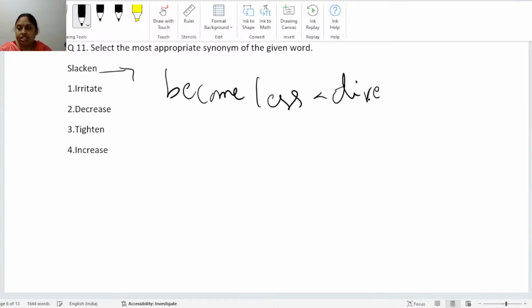Here, when it comes to irritate, they are not even interested. Decrease is nothing but less active in nature. Tighten is something going to be tightened, and increase, you already know the meaning, so it will be raise. So option will be 2.